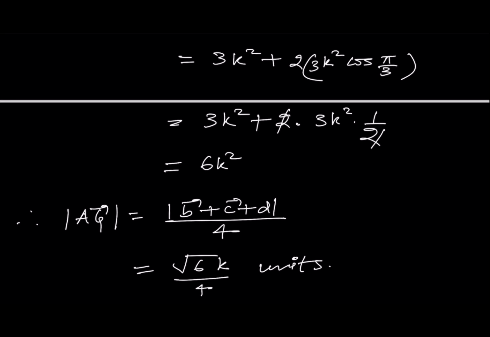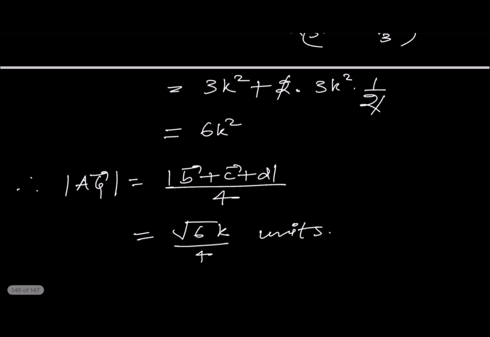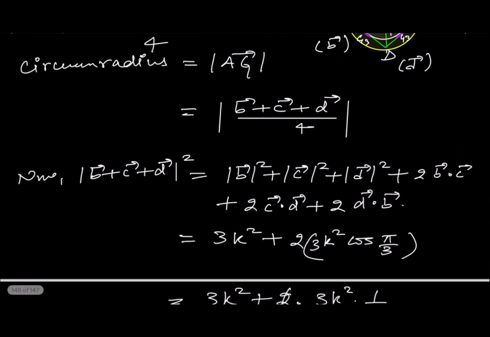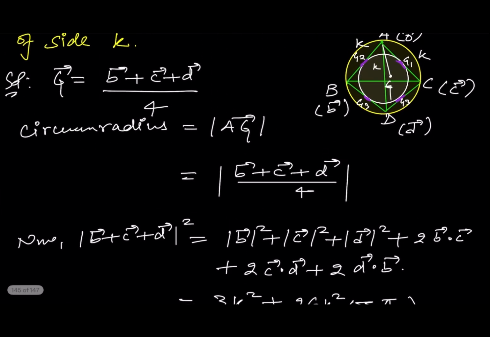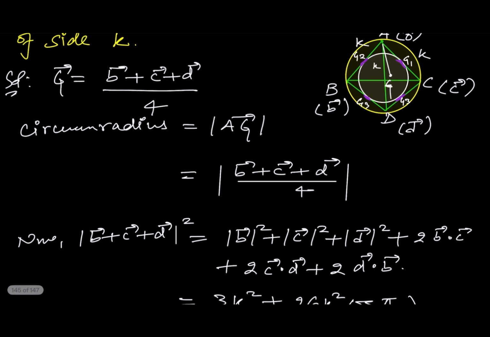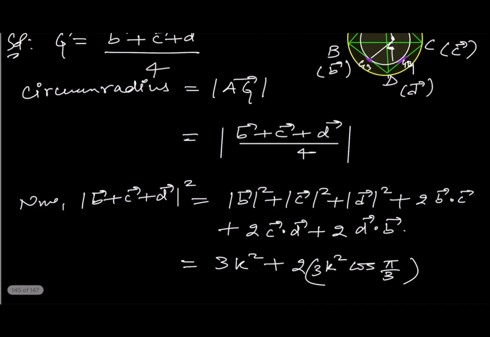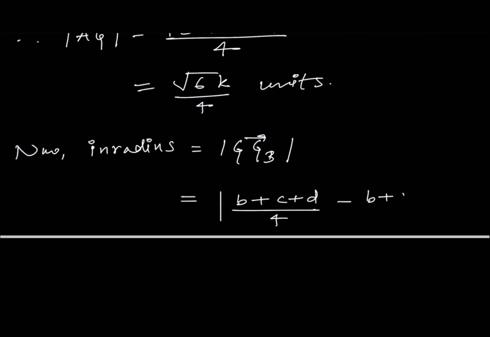Okay, circumradius. Now inradius, which can be taken as GG1 or GG2 or GG3 or GG4. This is G4. G3 is the centroid for triangle BCD, and this is inradius GG3. This will be B plus C plus D by 3.